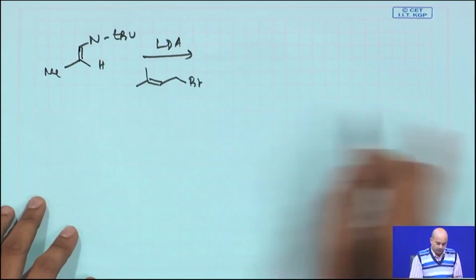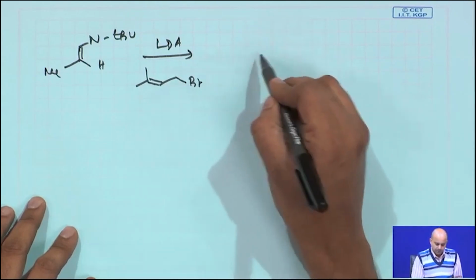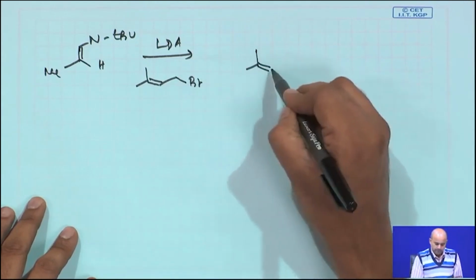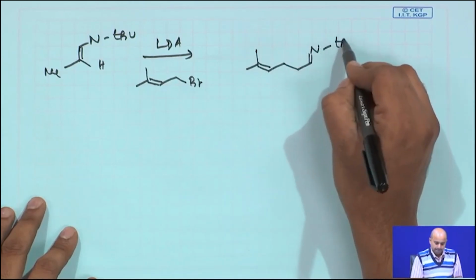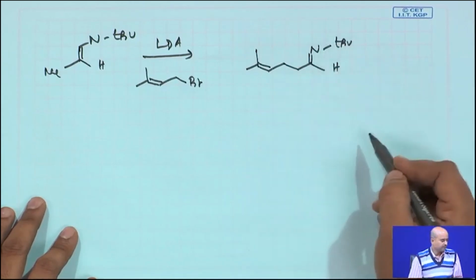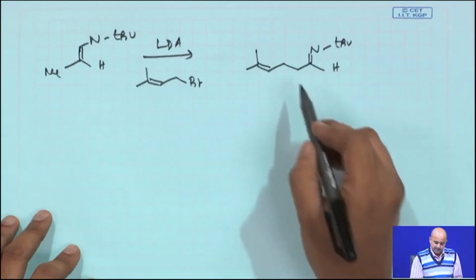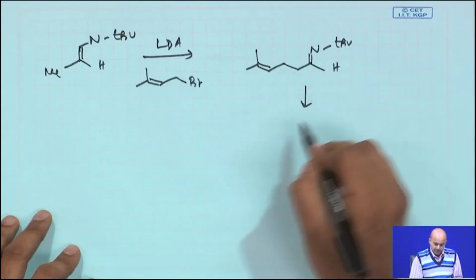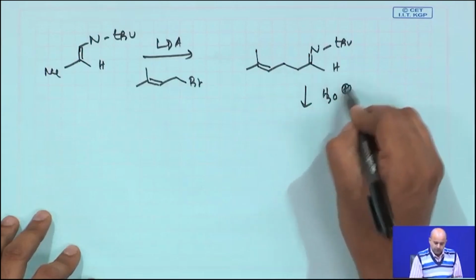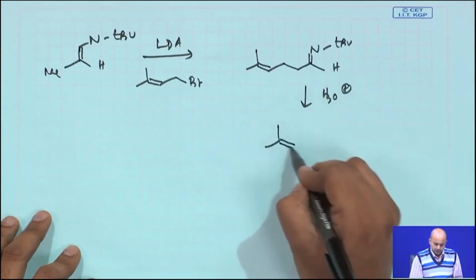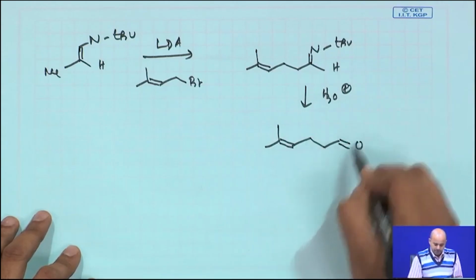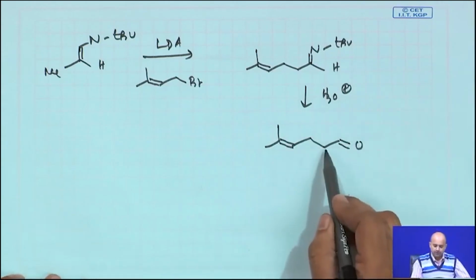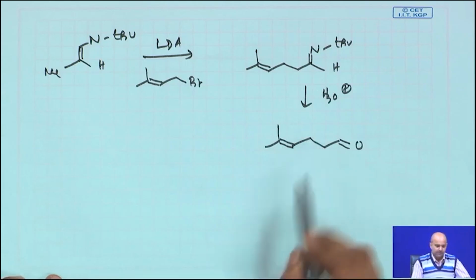Once you use this prenyl bromide, first you will get this one, and then this imine can be easily hydrolyzed with H3O plus, so you generate this compound, which is acetaldehyde alkylated with prenyl bromide.